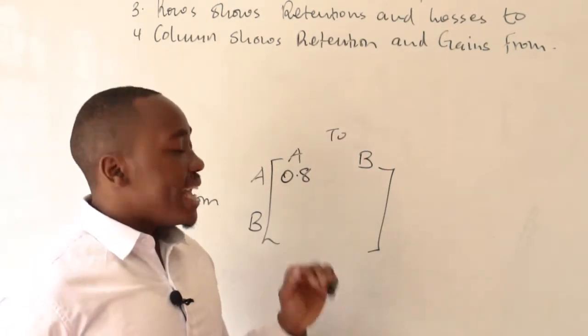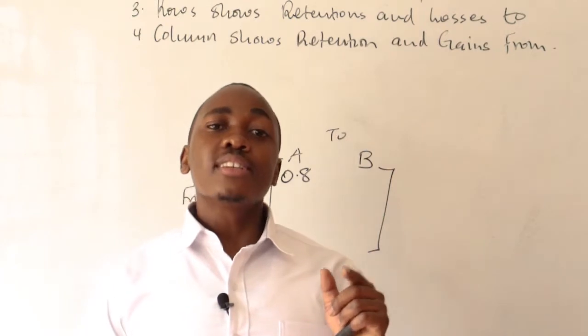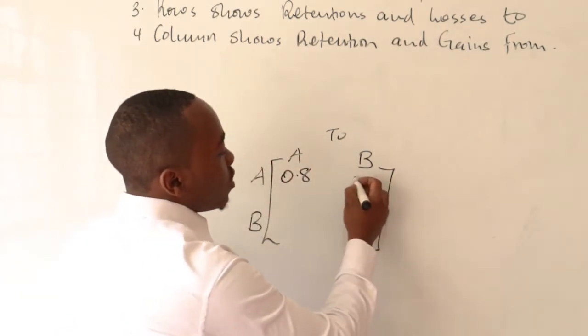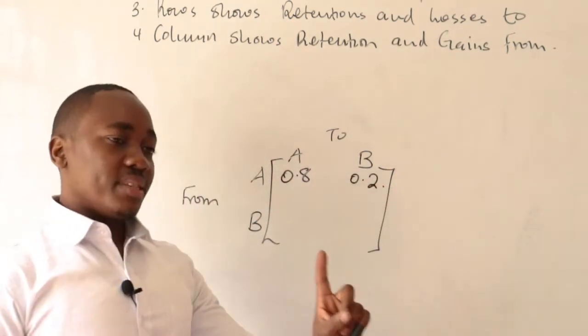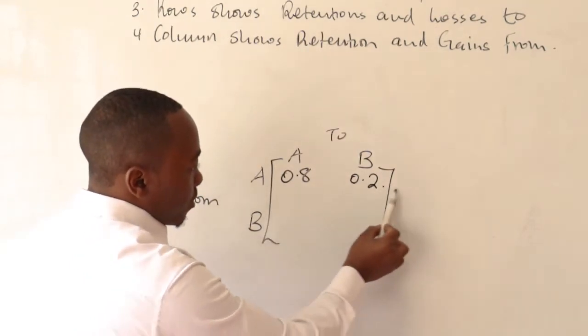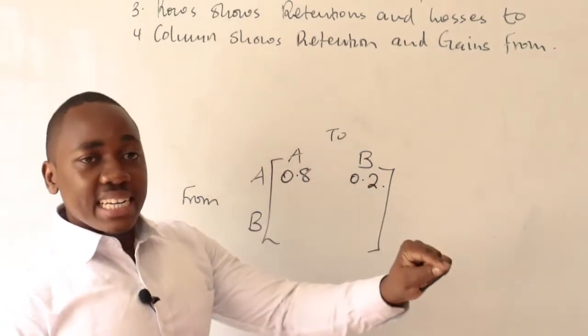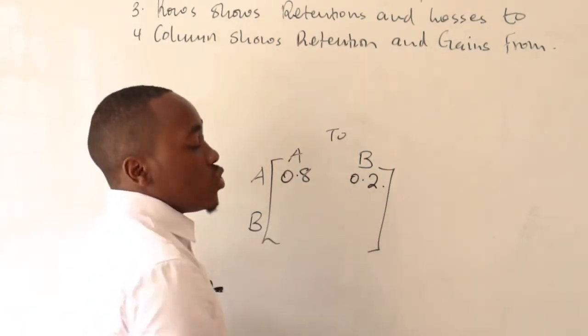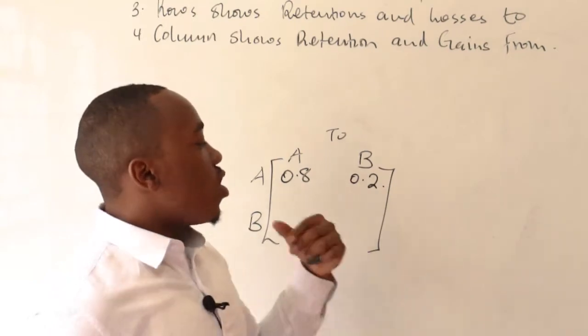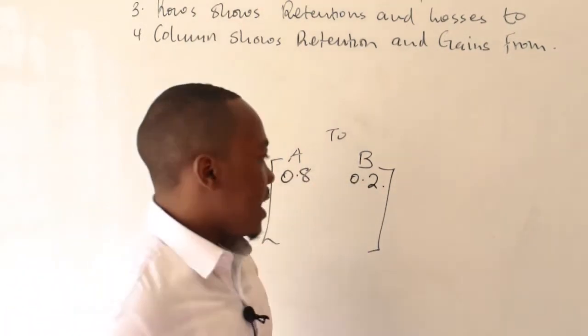If they retained 80%, that means they lost 20%. So to B, you show 0.2. That's why I'm saying that the row will show the retention and losses too. And if you add the two, you should get 1, and they should always be empirical probabilities.